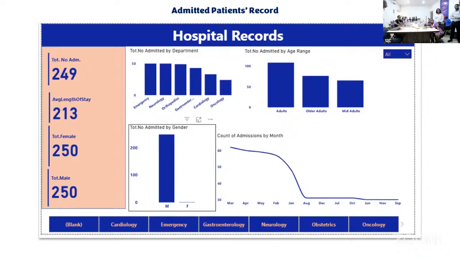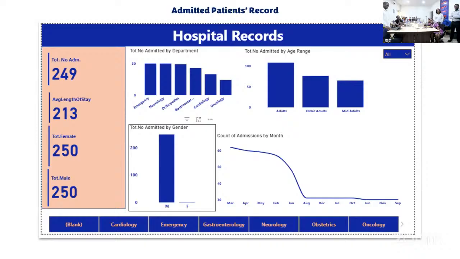So for the patients that were admitted, it was discovered that they stayed too long in the hospital, about 213 days. When we calculated the number of stays in the department, we created a calculated column for the length of stays, and we were able to get the average of them. This is the total number of admitted patients by department, and the total number of admitted patients by gender.